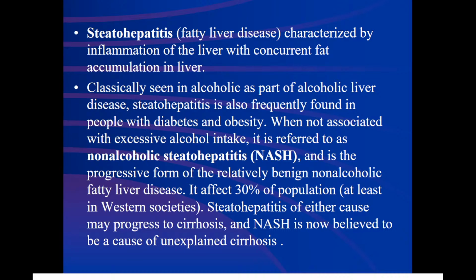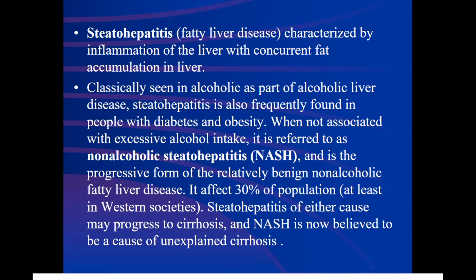In effect, it affects around 30% of the population, at least in Western societies. Steatohepatitis of either cause may progress to cirrhosis, and NASH is now believed to be the cause of unexplained cirrhosis.